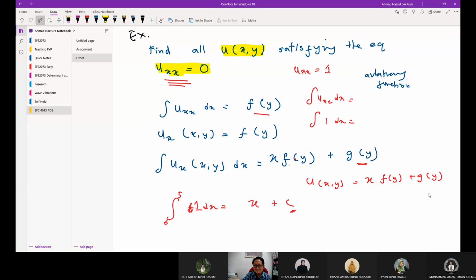So jawapan apa? Dia akan dapat x plus dengan yang c tadi kan, which is f(y) lah dalam case ni, unknown function. Okay, tapi sebabkan dia kosong, integrate dia akan start tu dapat yang ni lah. Untuk yang uxx equal to 1, integrate 1 dia akan dapat x lah kan. See, so itu basic integration je lah.